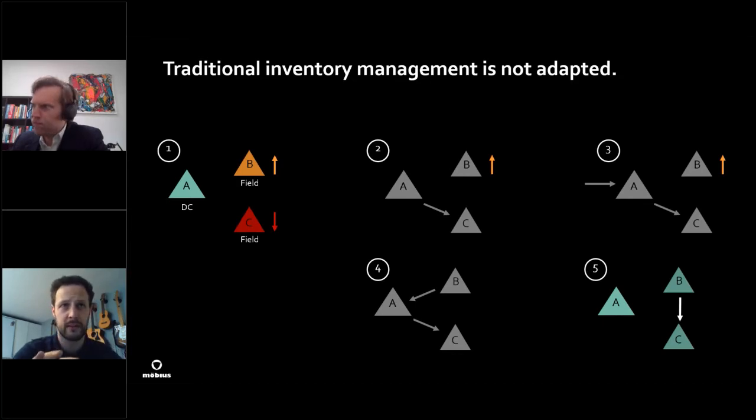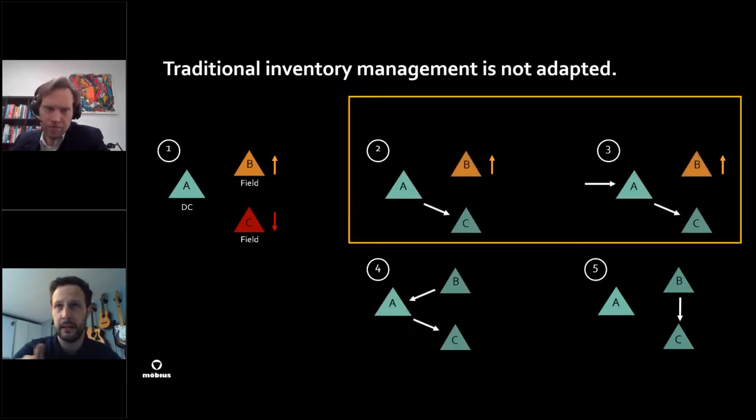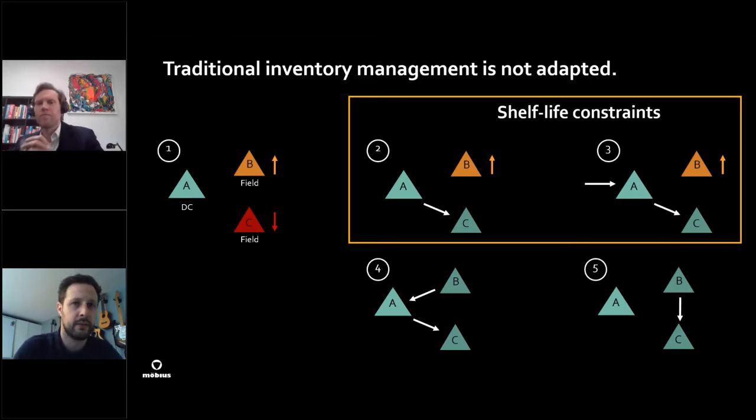But on top of the challenge here of traditional techniques, by only having option 2 or 3 in our traditional solutions, you also run a risk of expiry and obsolescence, because by ignoring your excess stock, you run a risk of at some point having old technology running into shelf life constraints. And by option 4 and 5, you can also include those considerations by rebalancing your stock.